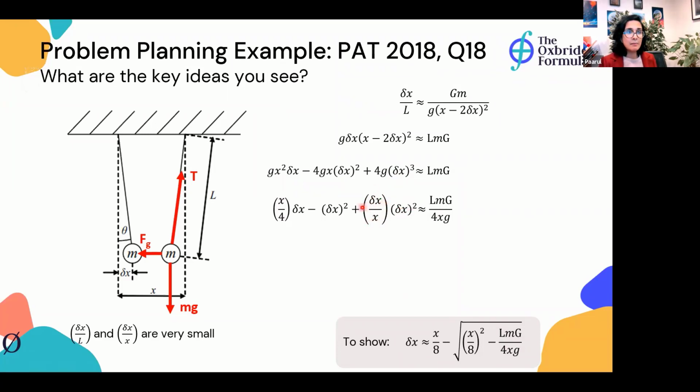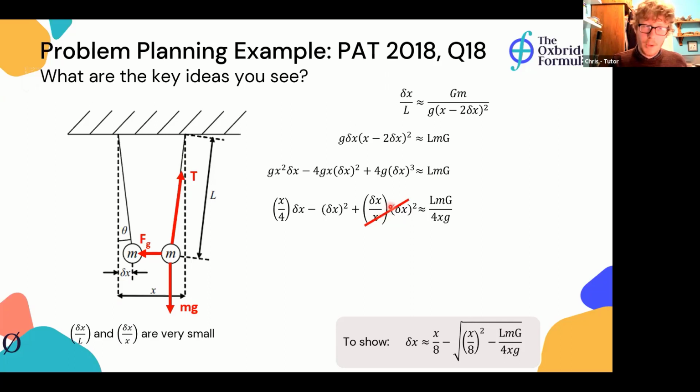But if we remember back to where we were before, we already said that delta x over x was very small, or is close to 0. So we could actually have that whole term be ignored because it's negligible, it's really small. So carry on, Chris. Yeah, well, as you said, if something's very small, maybe we can ignore it. So let's get rid of that term.